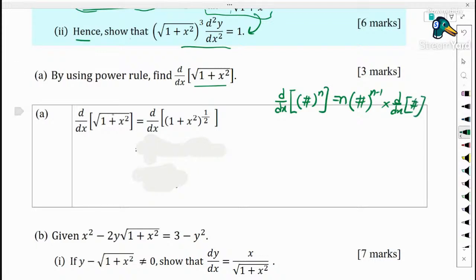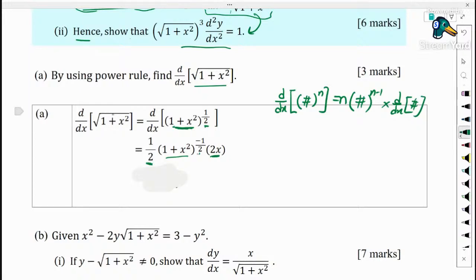So in here, for the calculation, bring the power to the front, 1 over 2, maintain the bracket terms, but reduce the power by 1: 1 over 2 minus 1, we have negative 1 over 2. Then finally, differentiate the bracket terms, so we have 2x. Now simplify your answer. The constant 2 can simplify.